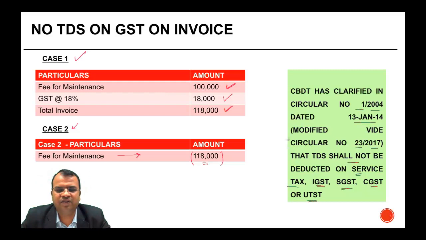But this benefit is available only if the tax has been disclosed separately in the invoice. What this means is, if the gross amount is 1,18,000, you have to apply the TDS rate on this amount. But if GST is applicable separately and has been reflected separately, TDS has to be deducted only on the base amount.